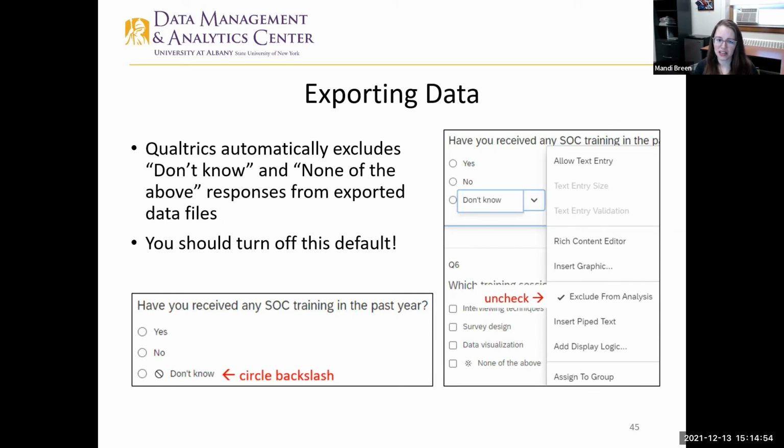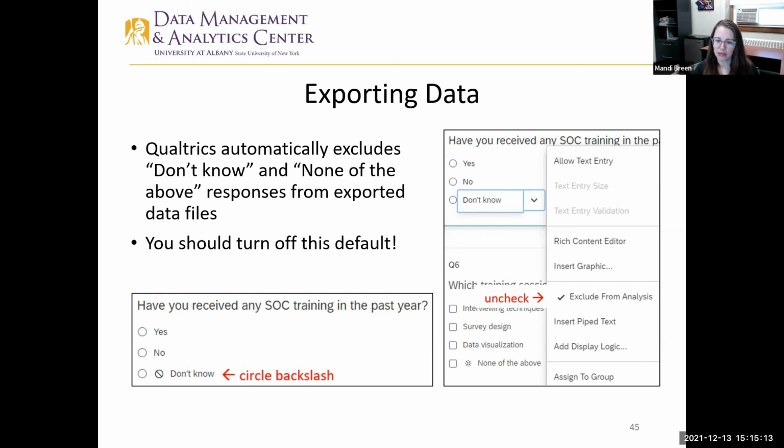This very strange thing that Qualtrics does is that they automatically exclude don't know and none of the above responses. So if you asked people if they've ever lived in any of these New York counties and they chose none of the above, it would just show up as they hadn't answered the question, essentially.